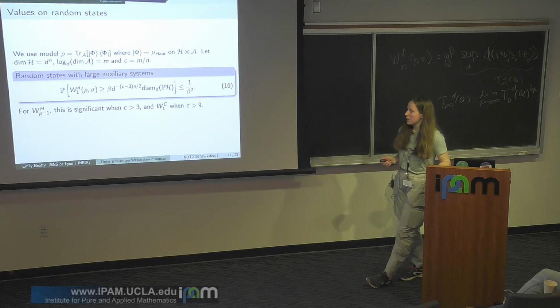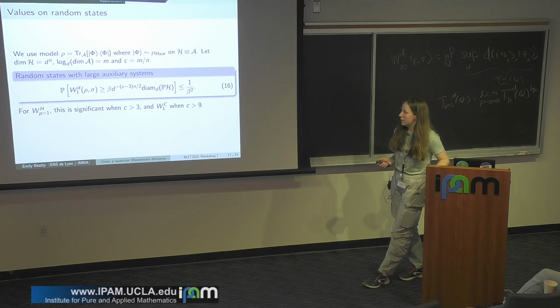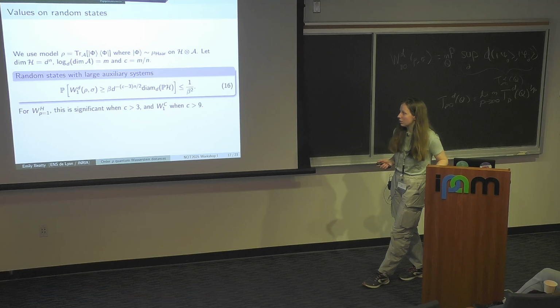So what happens when you have a large auxiliary system? When C is greater than 1, essentially the probability that you have an exponentially small quantum Wasserstein distance between your mixed states just decays as you take n to infinity.